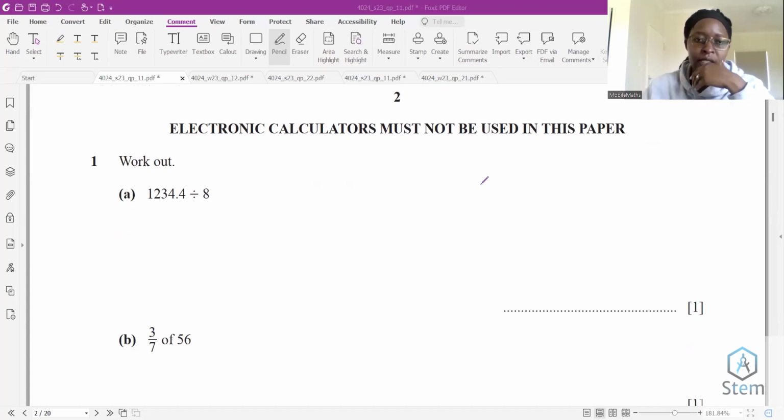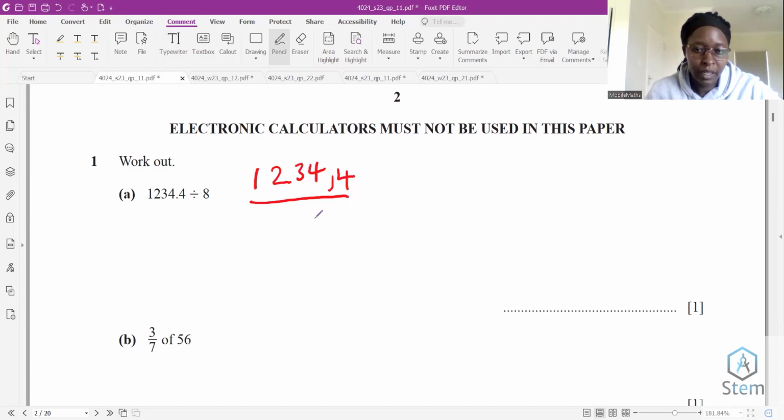We are asked to work out 1,234.4 divided by 8. The simplest way, we have 8, and I think 4 can go into 8 there.